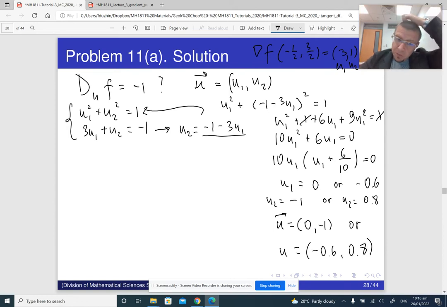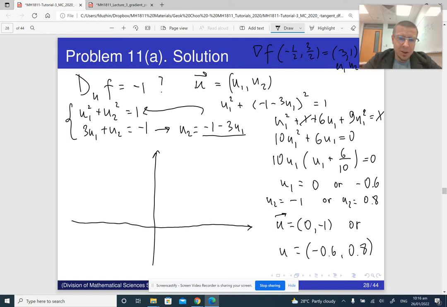All right, and we are also required to sketch what's going on here. So I'll try to do a little sketch. So this is going to be 1, this is 2, 1, 2, 1. All right, so this is my coordinate plane, xy.